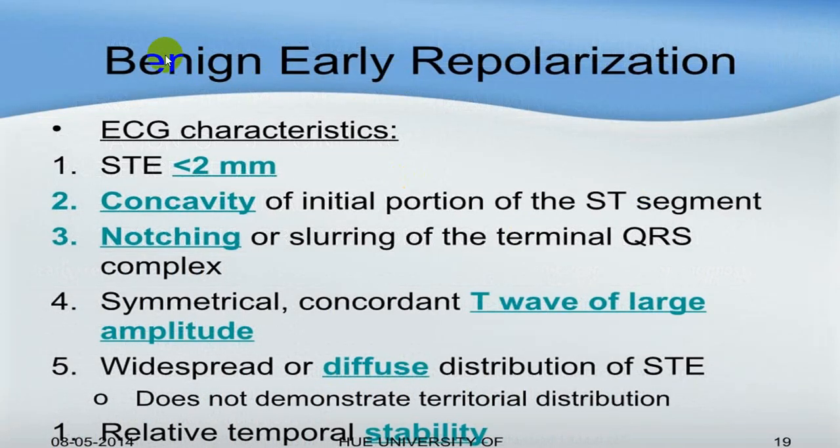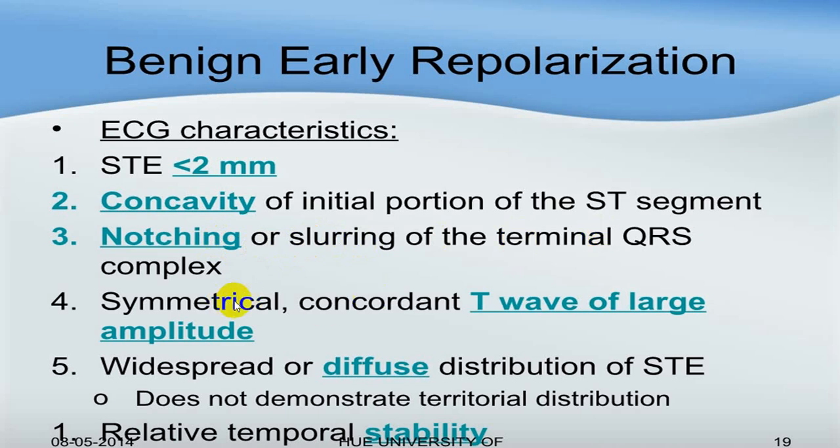So there are some characteristics of a benign early repolarization where you get ST elevation less than 2 millimeter, but we say that the ST elevation is more than 1 millimeter. It is concave, there is a notching seen, or we call it a fish hook appearance, or slurring of the terminal QRS complex.